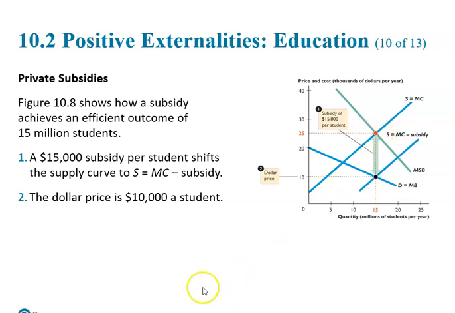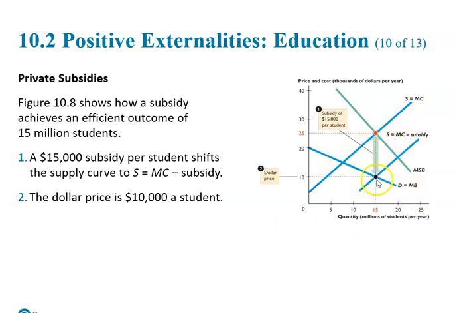So the government will require to provide a $15,000 subsidy per student, because that will shift the supply curve to this supply curve over here, where the marginal cost minus subsidy shows the cost to the producer. It's essentially because this reflects the true cost to the producer, because they are getting a subsidy of $15,000 per student. So when you add that $15,000 from any point on this curve, you will get to the marginal cost curve.